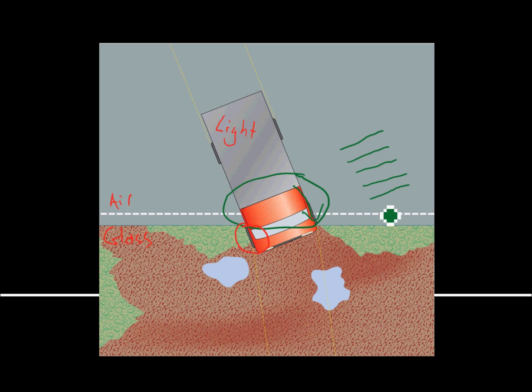As it comes in, this one carries on moving at the same speed, but this one here slows down. It's not moving as quickly. And so on this side, it carries on with a smaller wavelength now, but we've got a change in direction.